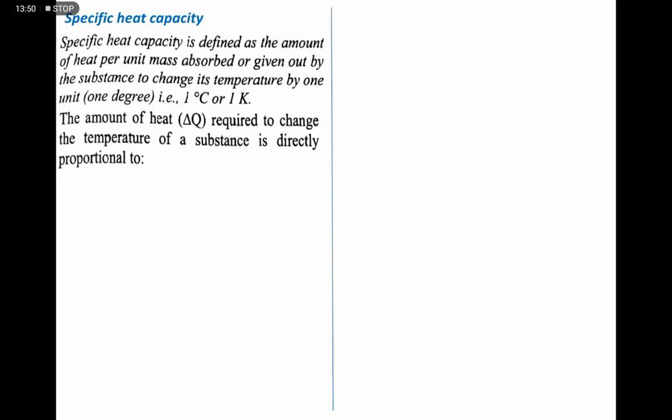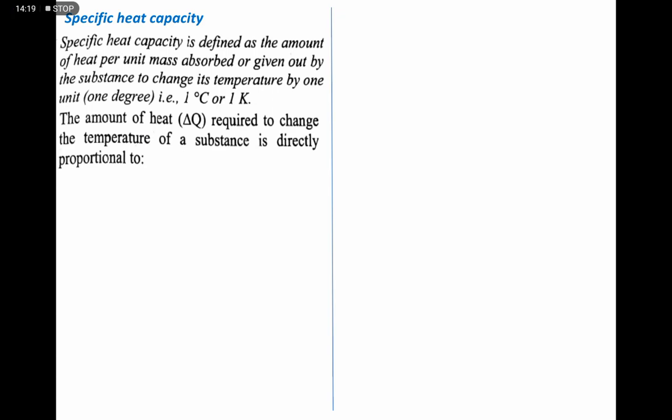The definition of the specific heat capacity of the body is here. Specific heat capacity is defined as the amount of heat per unit mass absorbed or given out by the substance to change its temperature by 1 unit.